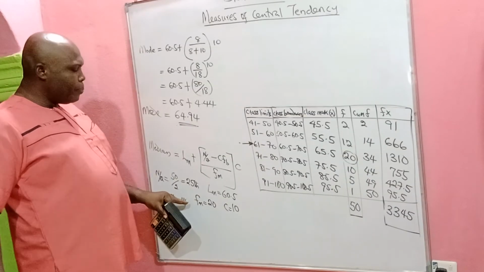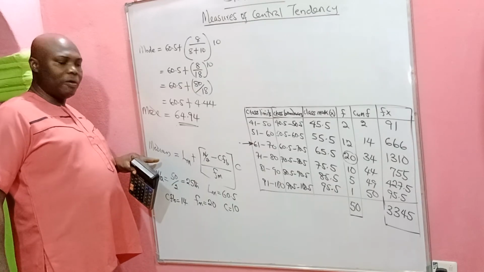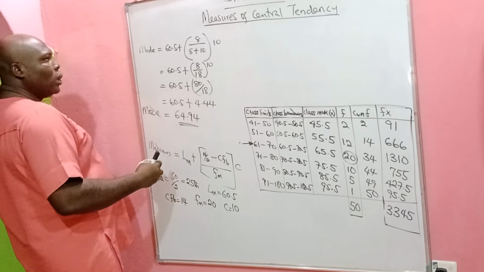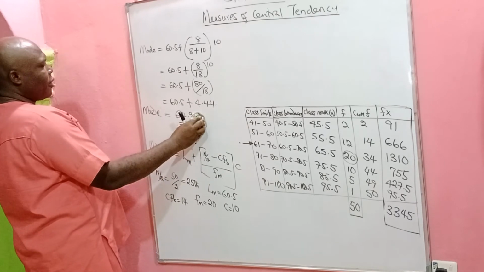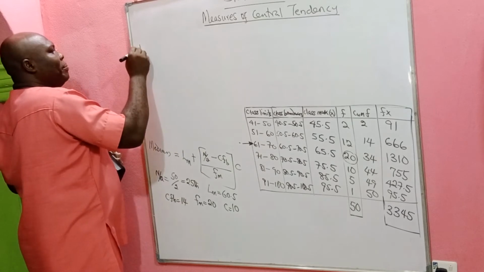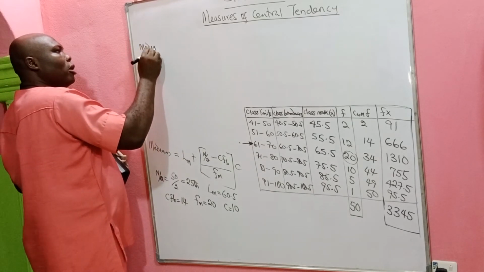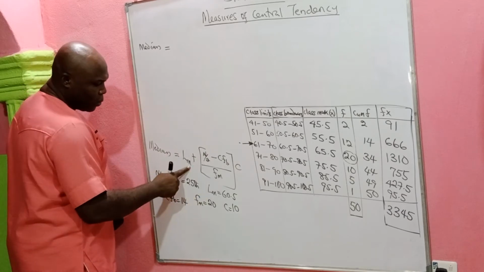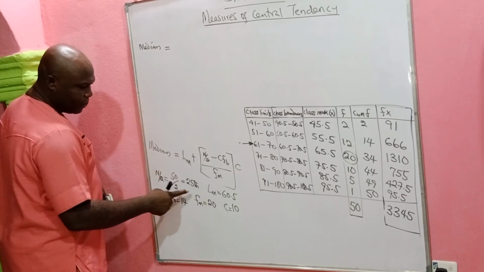So we are going to input this into the formula for the median to find the value of the median. So our median will be equal to L of M plus. What is our L of M? 60.5.